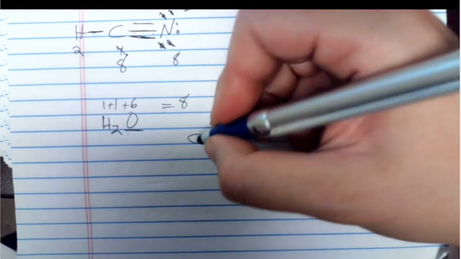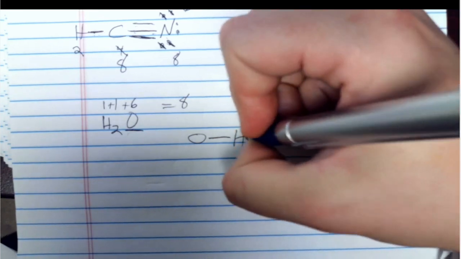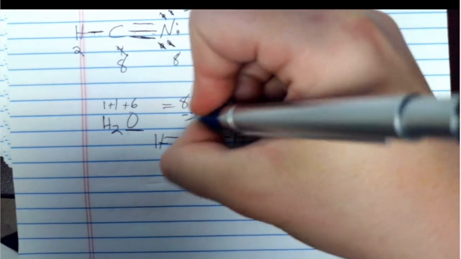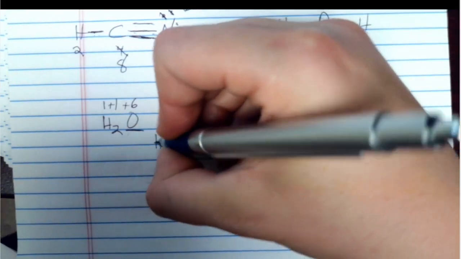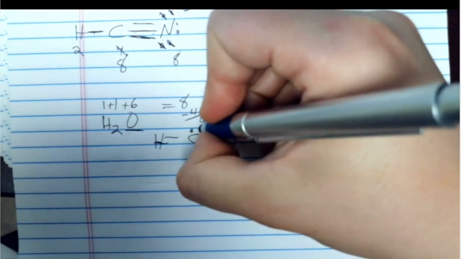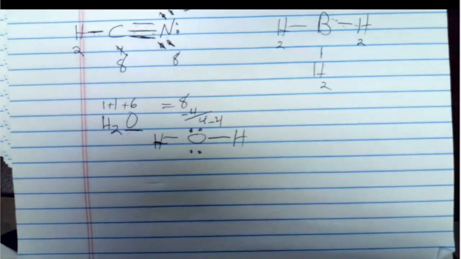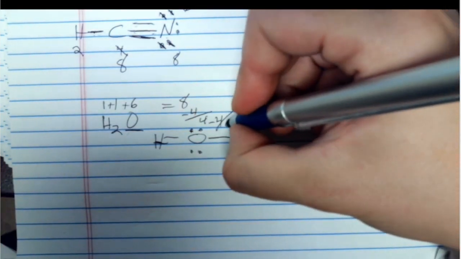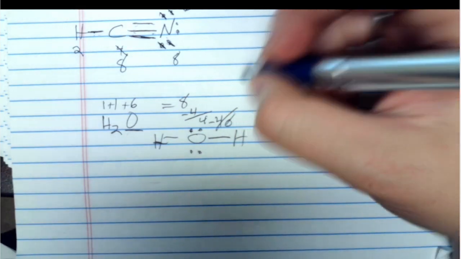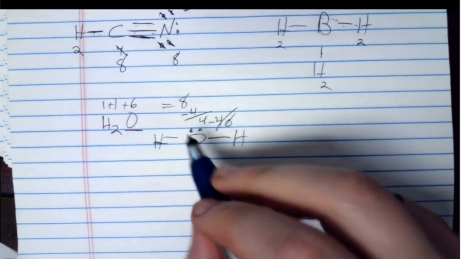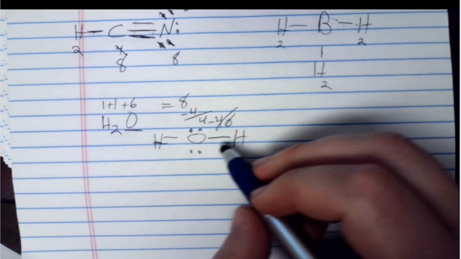We put O, H, H. We subtract out my 4. We have 4 electrons left. Where do they go? They go as lone pairs. 1, 2, 3, 4. We have 0 electrons left. 2, 2, 8. Happy.